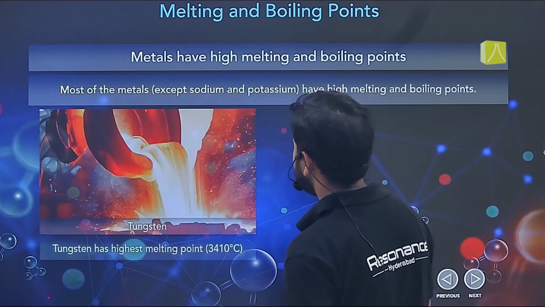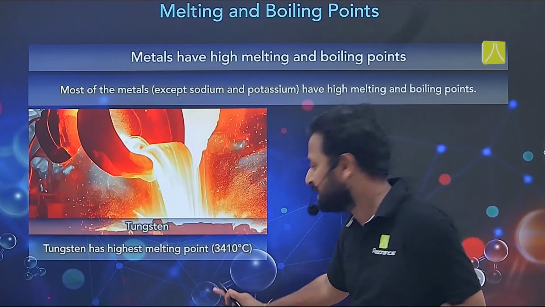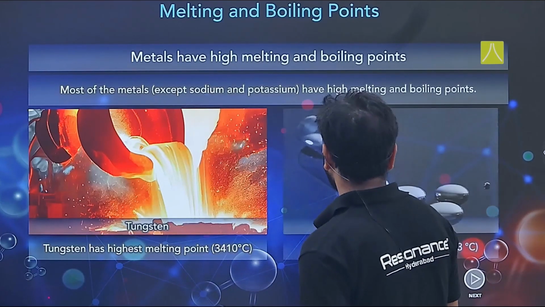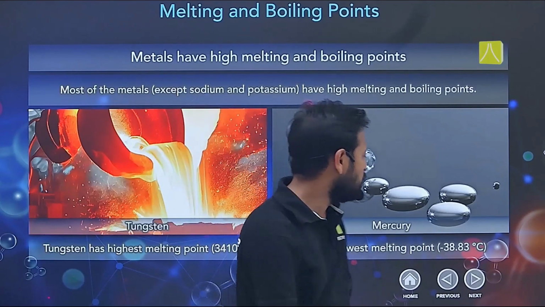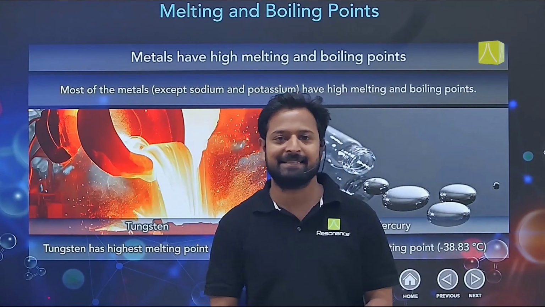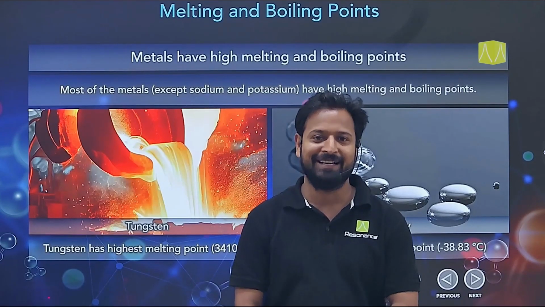By the diagram we can see tungsten has the highest melting point, 3410 degrees Celsius. And one more example, mercury, has the lowest melting point, that is minus 38.83 degrees Celsius. So this was all about the physical properties of metals. Thank you for your time.